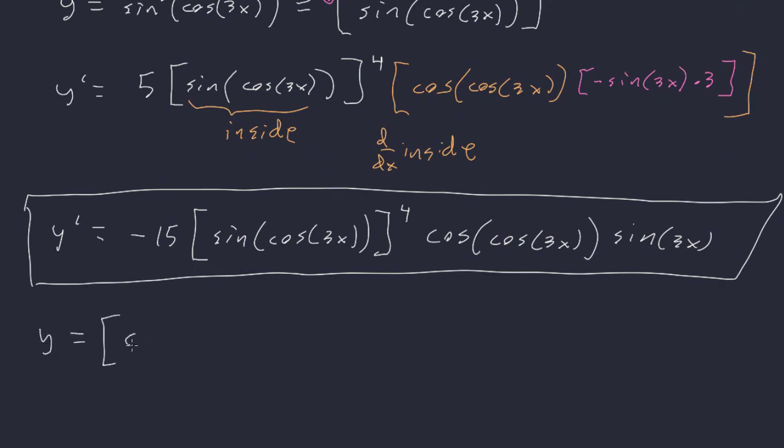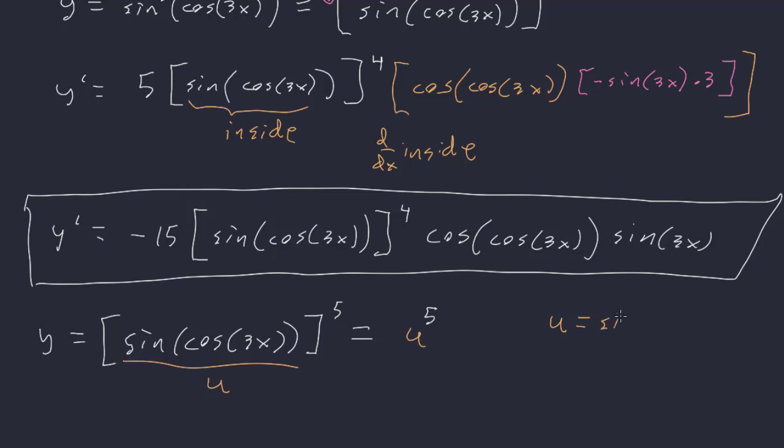So let's write it like this: sine of cosine of 3x to the 5th, and let's say that this whole thing on the inside is u. Right? So this will be u to the 5th, where u is sine of cosine of 3x. Okay, well, I'm going to call what's inside of sine v.